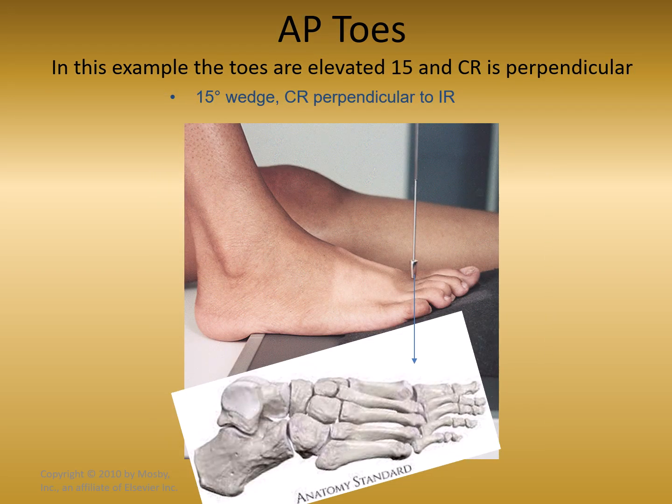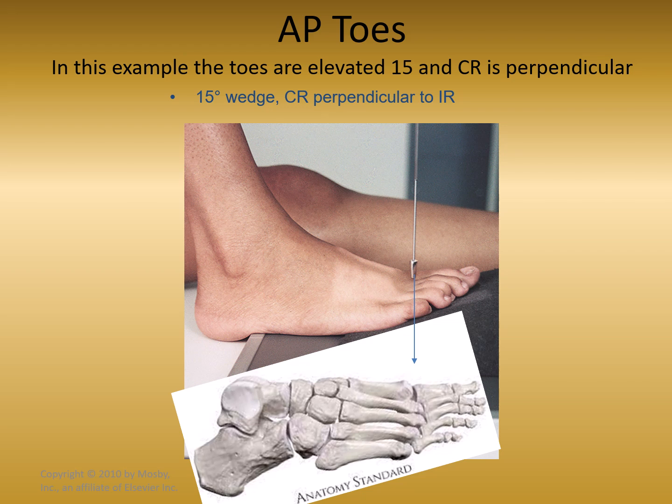In this picture, we see a foot that has been placed on a 15-degree positioning wedge. So they've taken the plantar surface of the foot 15 degrees away from the plane of the IR.